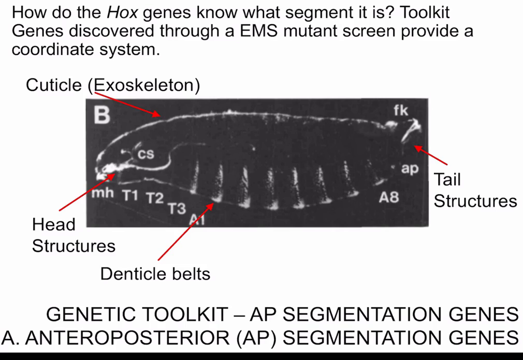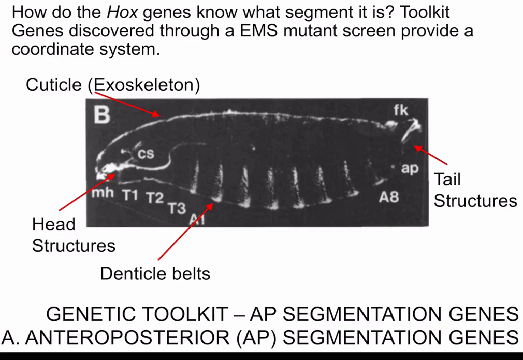One question that remains unanswered is, how do Hox genes know in which segments to be expressed? In other words, what controls the expression of Hox genes so that they are expressed in the right segments and not expressed in the wrong segments?